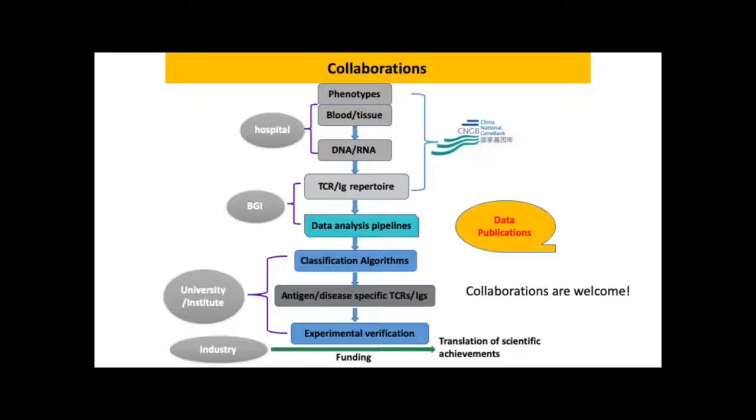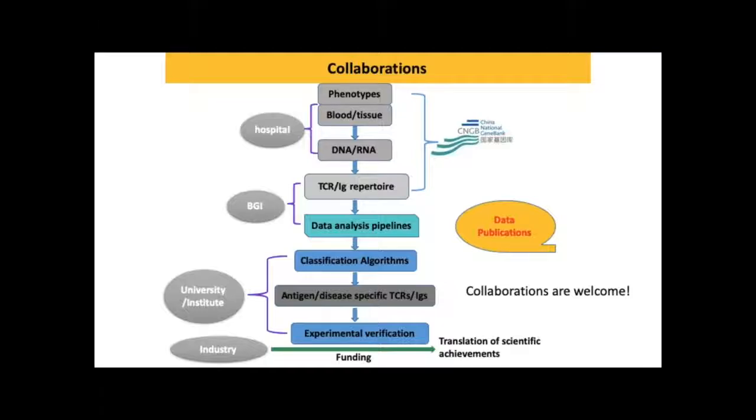The collaboration model of the Pan-Immunome Initiative is that we establish a network which includes hospitals, of course BGI serving as a platform, and also universities or research institutes, and potentially some industry partners. Hospitals can provide us enough very high quality samples with very comprehensive disease phenotypes.